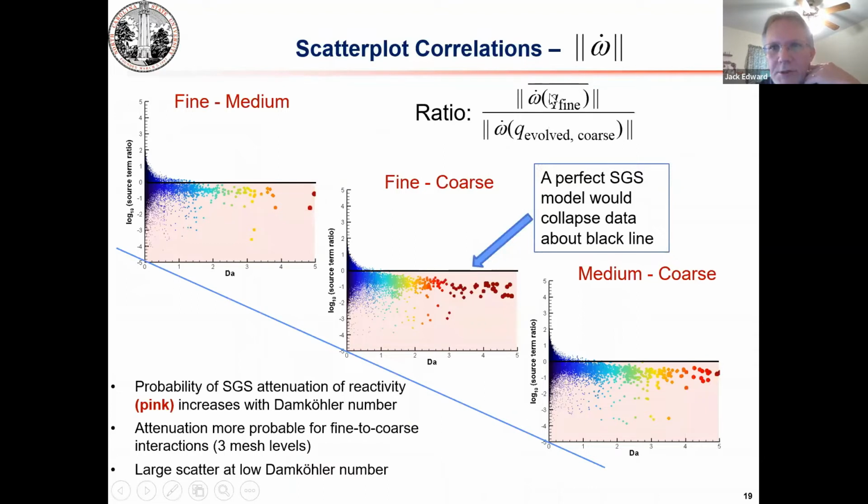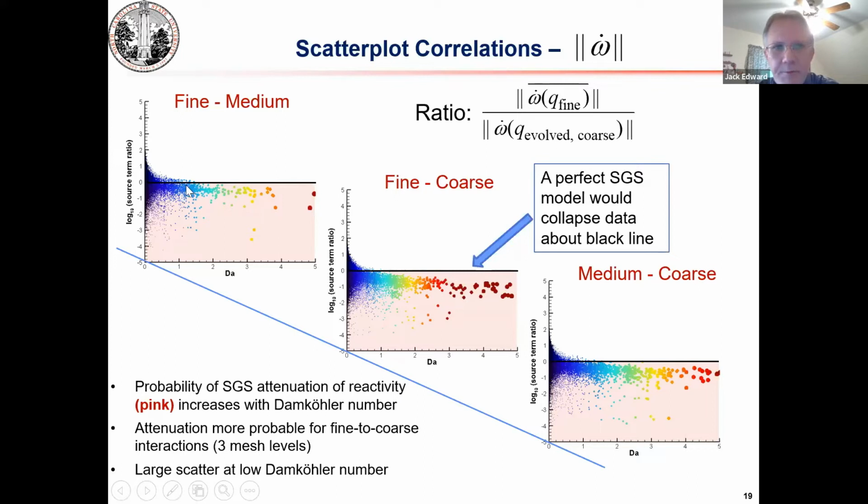Essentially, we look at the ratio of a norm of the filtered production rate vector with what you would get if you evaluate that using evolved data on one of the coarse meshes. Okay, so if you had perfect agreement, that ratio would be 1. So what we do is we sample this and we construct a PDF of that number. And we're coloring it with Damköhler number as well. The visual observation on this is pretty simple.